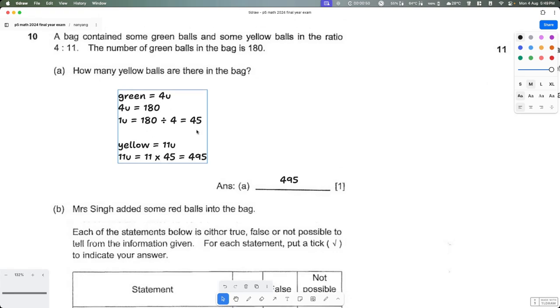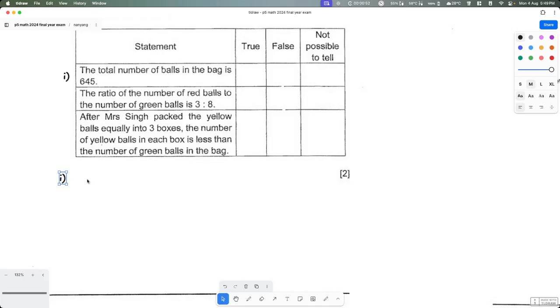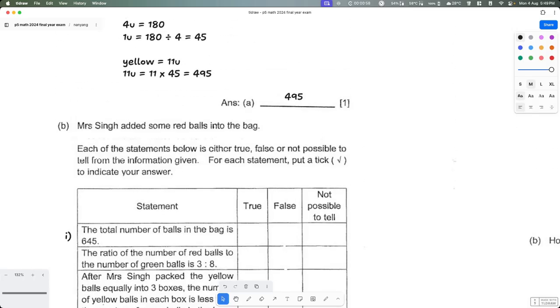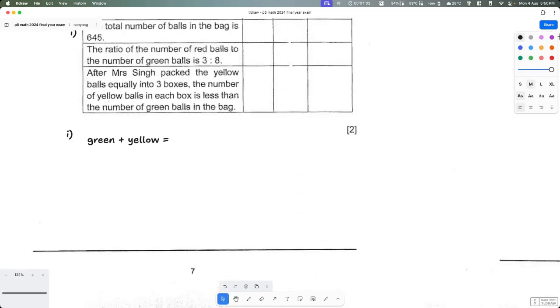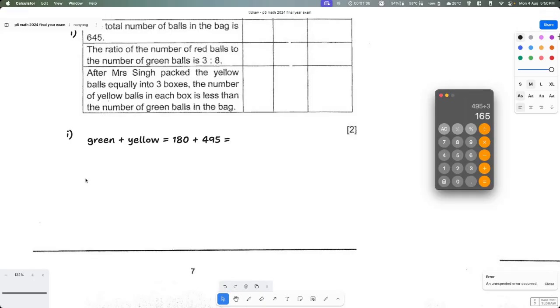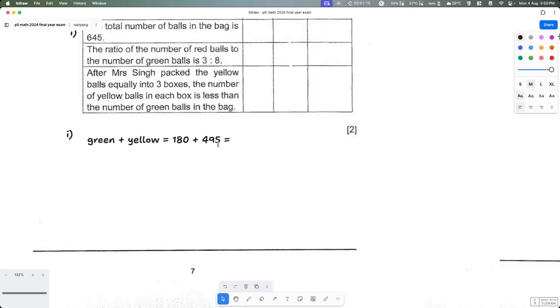So if we were to add the green and yellow, so let's say green plus yellow, right? What will this become? This will be 180 plus 495. Okay, so let's use the calculator. So 180 plus 495. Okay, this will give us 675.